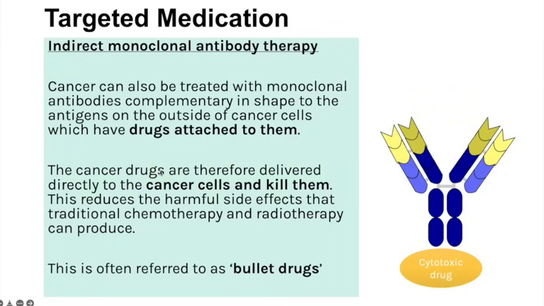The cancer drugs are therefore delivered directly to the cancer cells and can destroy those cells only. And this reduces the harmful side effects that traditional chemotherapy and radiotherapy can produce. And this is sometimes called a bullet drug because it's being directed to just one particular site.